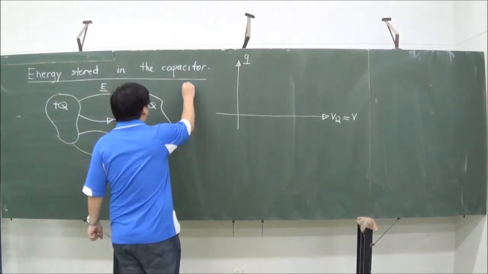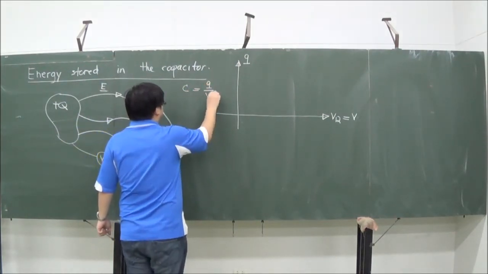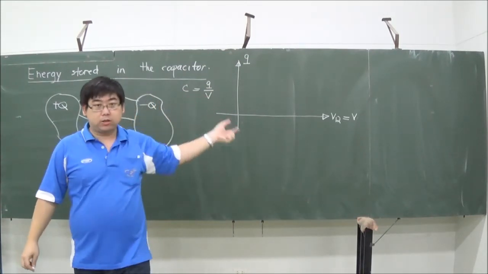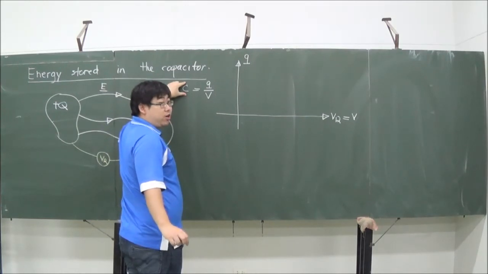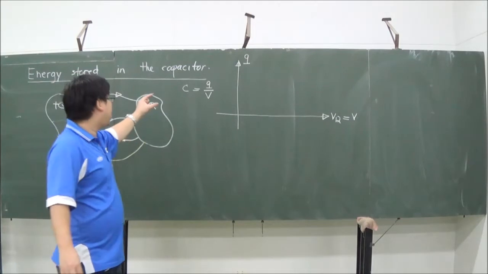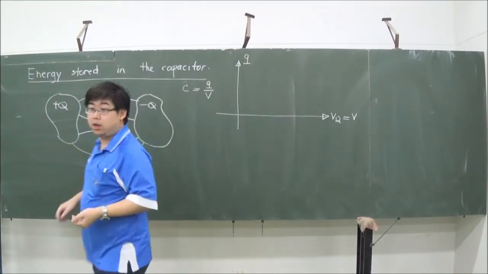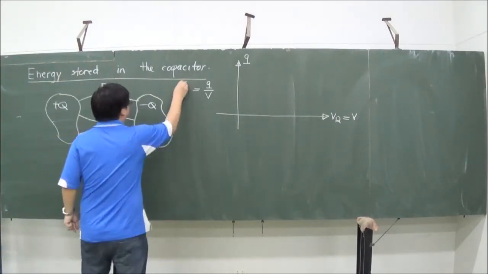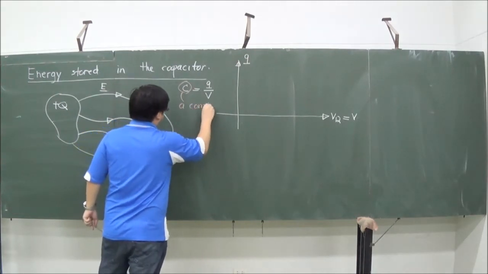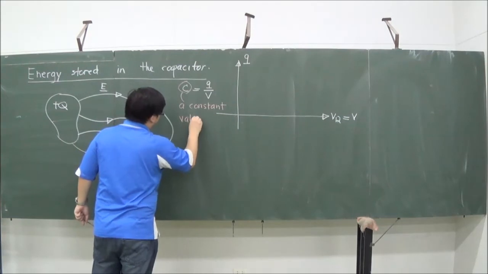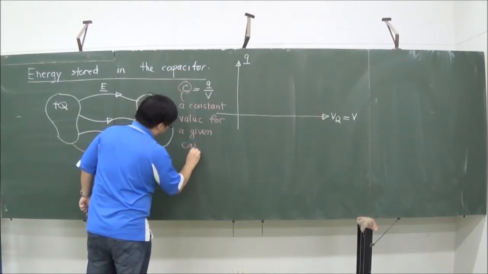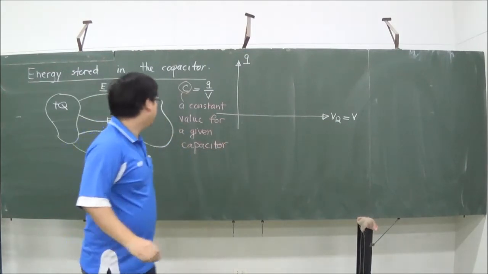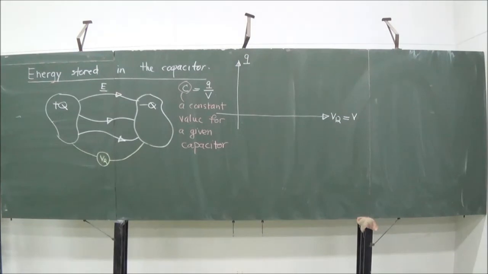From the definition of the capacitance, C equals Q divided by V, and this C, as you have just seen, is independent of Q and V. It only depends on the geometry of the capacitor, so it is a constant value for a given capacitor.